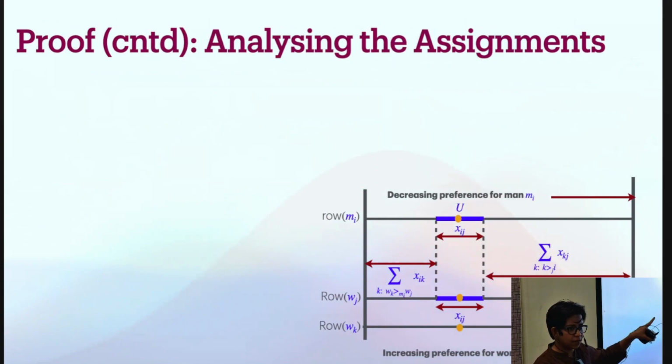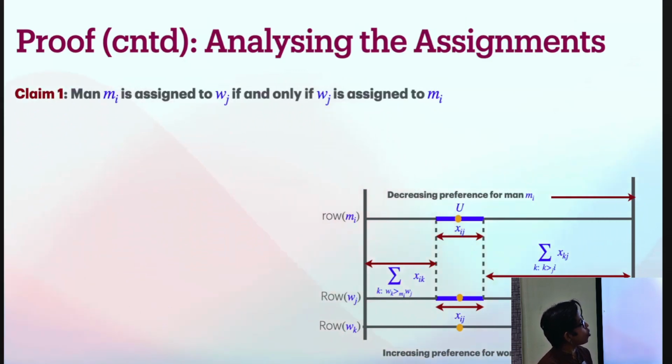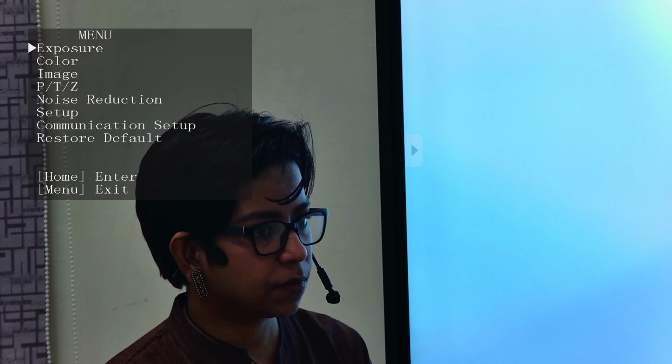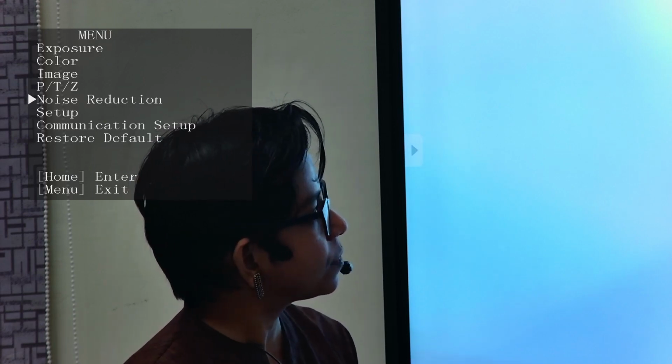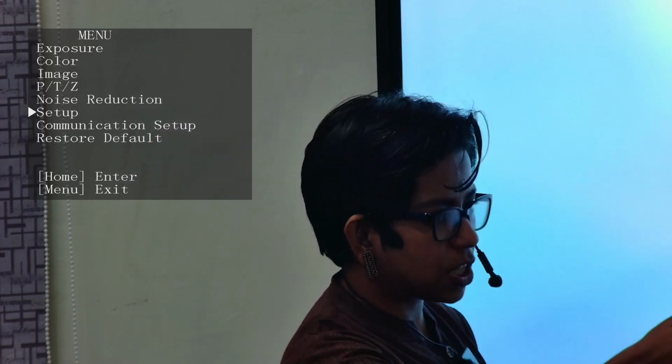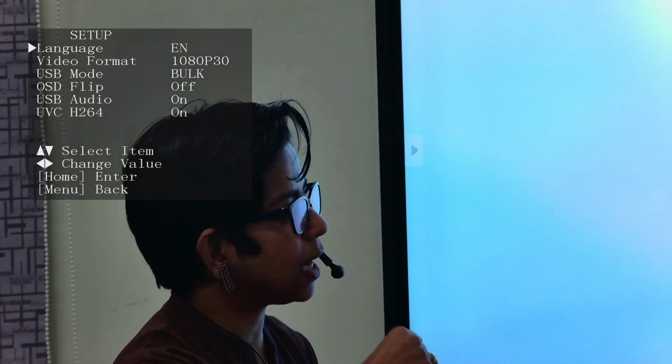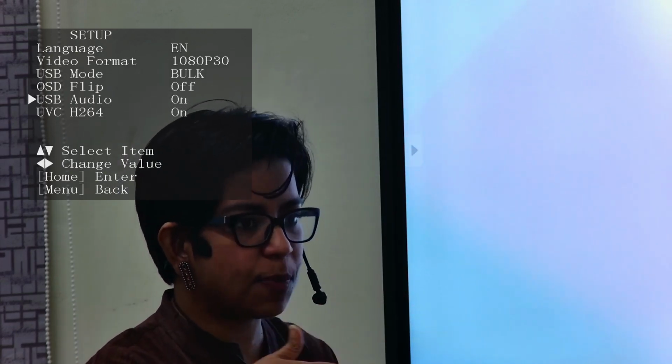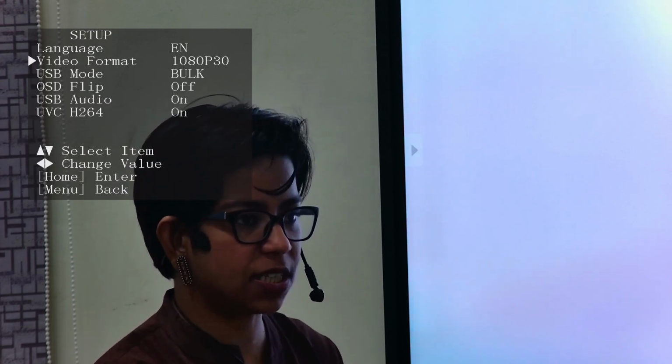It's okay so far? So, now we will try to show that this is actually a stable matching. Why is it a stable matching? From what we just discussed, everybody gets assigned to exactly one partner, so it is not just a matching, it is a perfect matching, right.